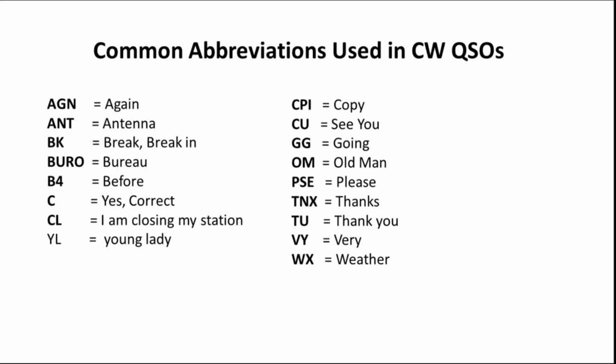And the other one you'll hear, ES. ES. Yeah. So you'll hear the abbreviations a lot on the air, and it might throw you a little bit if you're not familiar with them. So it's important to at least start to think about learning some of them.